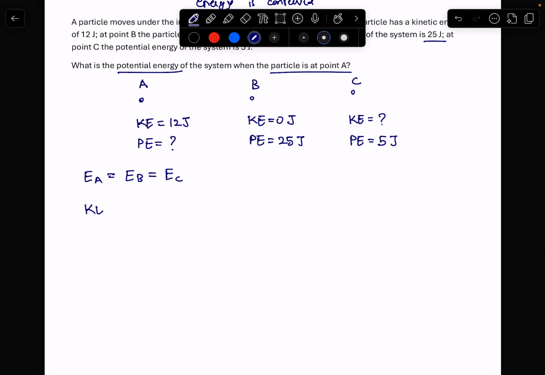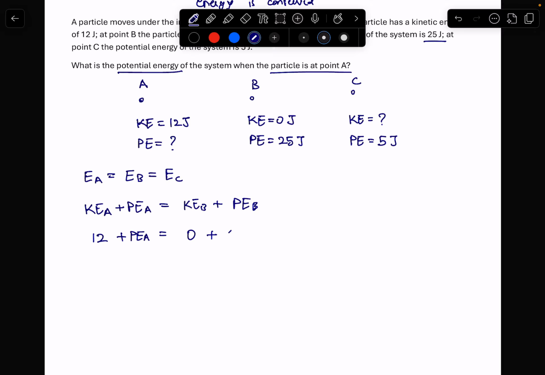So the kinetic energy at A plus the potential energy at A is equal to the kinetic energy at B plus the potential energy at B. Kinetic energy at A is 12. We don't know the potential energy at A. Kinetic energy at B is 0.